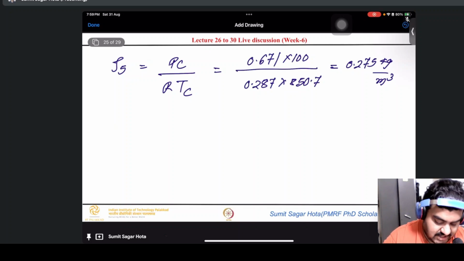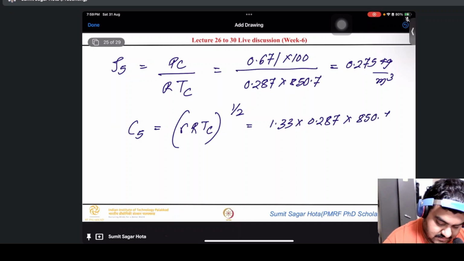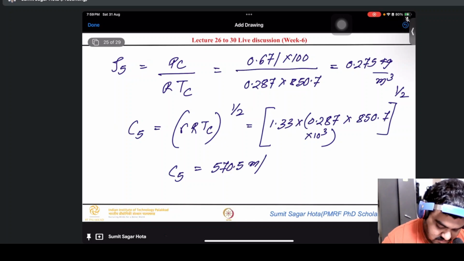Now we can calculate C5, which is gamma R Tc to the power 1 by 2: 1.33, 0.287, 850.7 into 10 to the power 3, to the power 1 by 2. We get C5 as 570.5 meter per second.